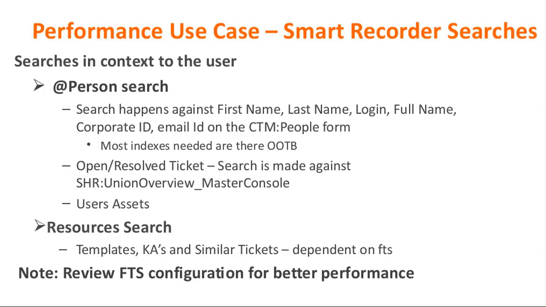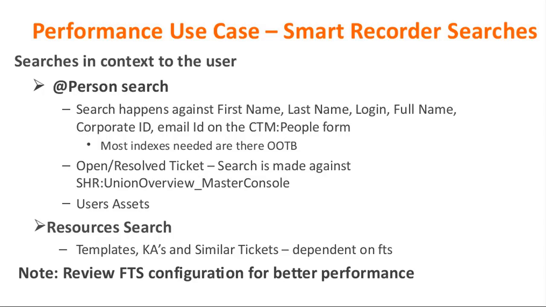Open resolved tickets. So this is the user's open resolved ticket, which is also returned. In this case, the search is made against the same form that is used for the ticket console, which is the Share Union Overview Master Console. There have been a lot of instances where this data is not returning in a timely fashion.